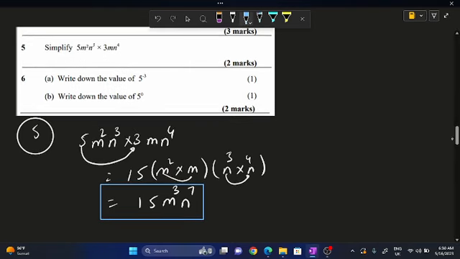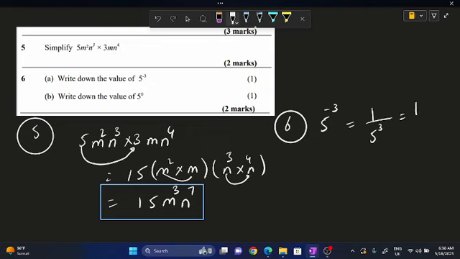Talking about question number 6. Write down the value of 5 raised to the power minus 3. Now you can see the power is negative. You have to make it positive first. How can you make it positive? By shifting it over to the denominator. So it would be 1 by 5 cube.